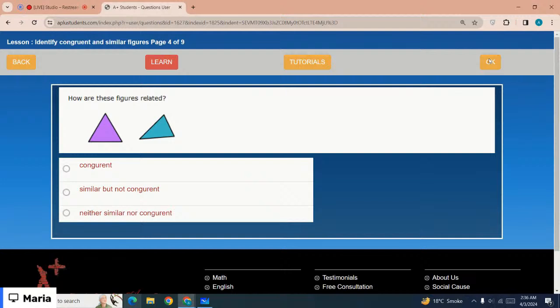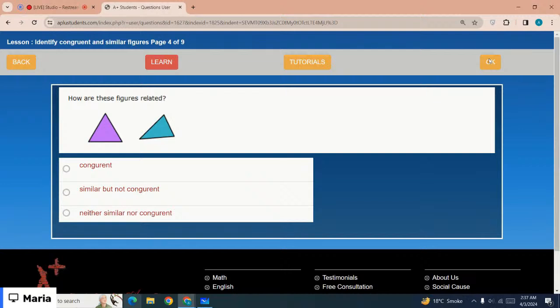Are these two figures related? They are neither similar nor congruent, right?